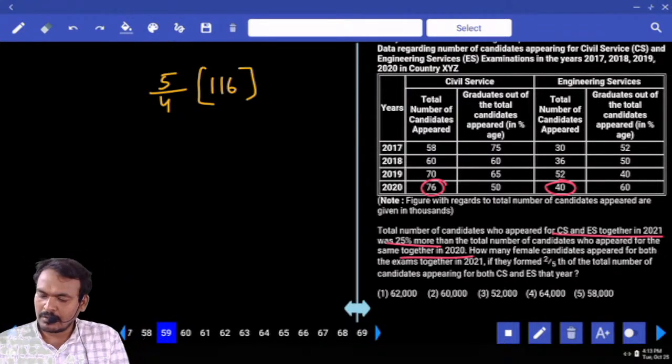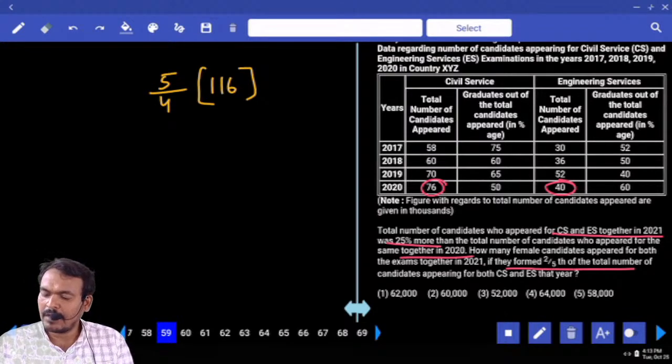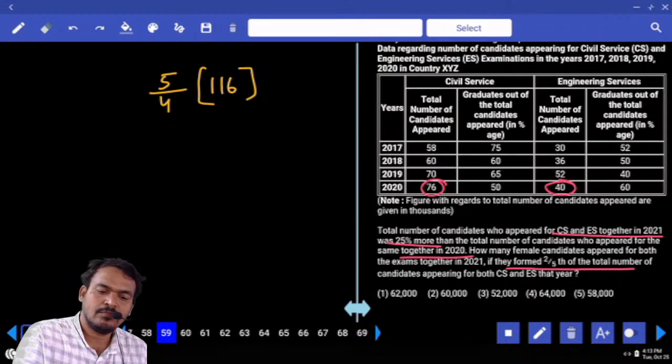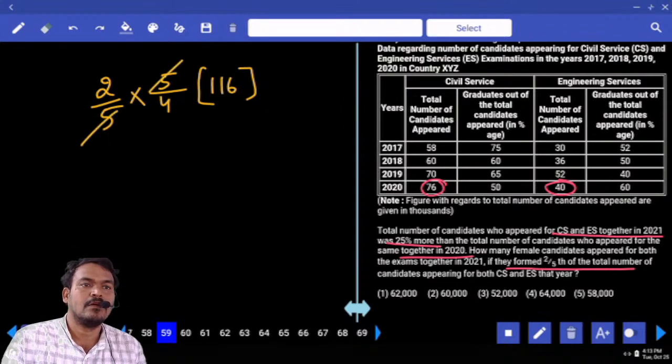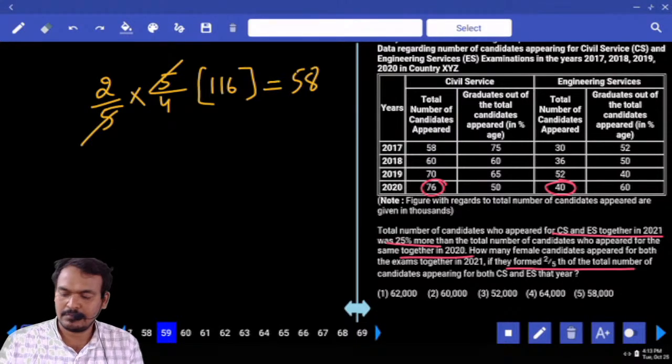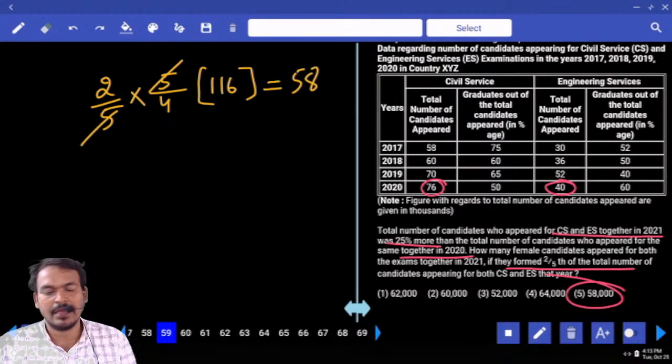Out of this, the female value is 2/5. 5 gets cancelled, 2/4 means 1/2. Half of 116 is 58. Answer: 58,000.